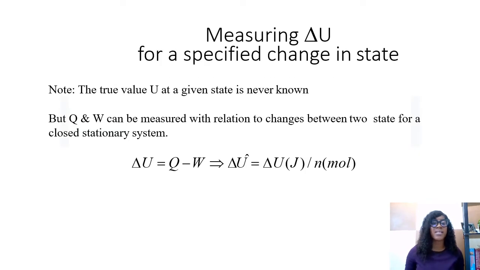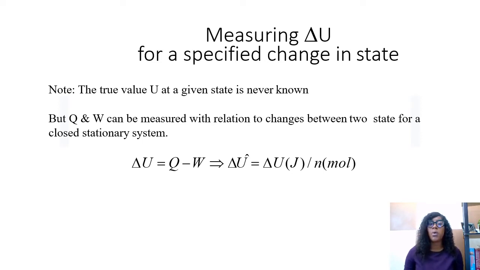So far, we have examined heat and work calculations. Now, how can we look at the internal energy? How can we calculate the internal energy when we haven't examined a formula for it? So let's go into that right now. The true value of U, our internal energy, is never truly known for a given state.